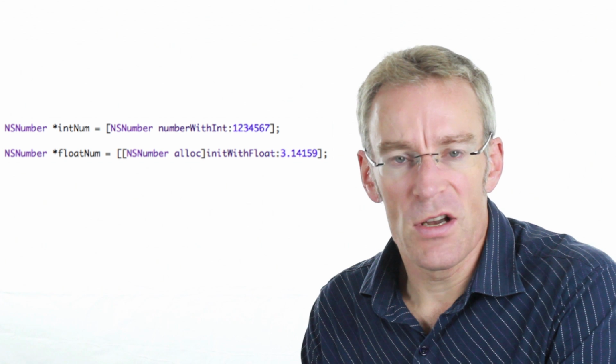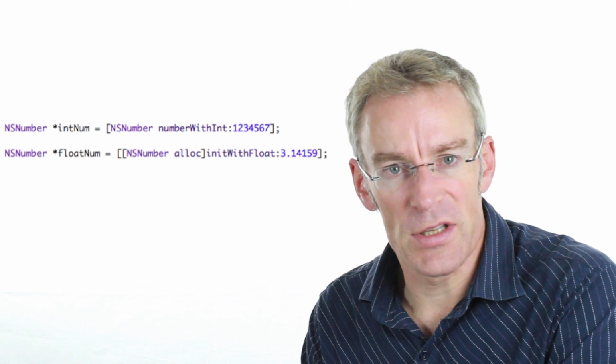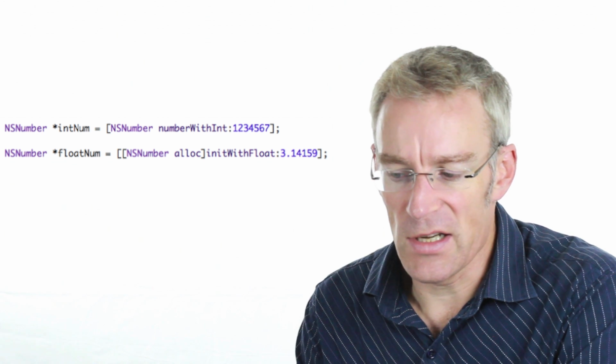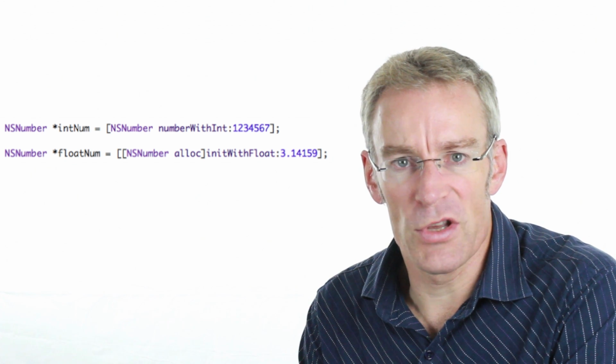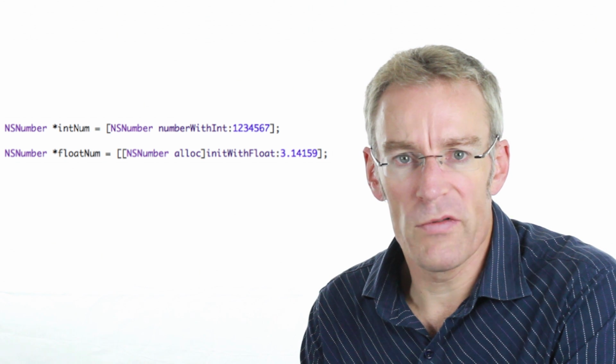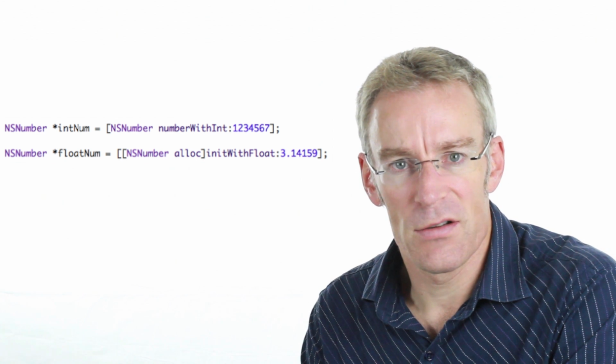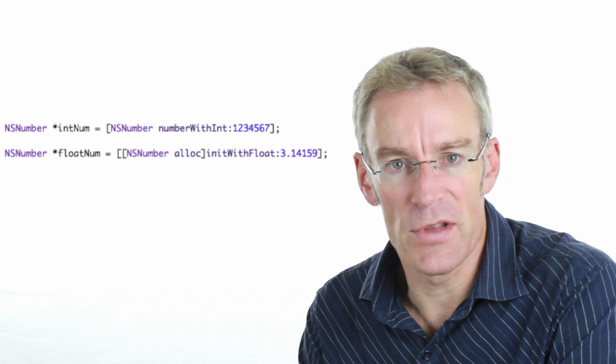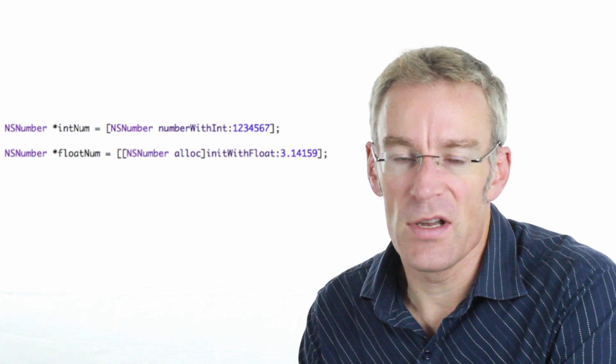So there's two ways we can create an NSNumber object. We can simply call a class method, which basically creates an NSNumber with the correct value in it, or if you really wanted to, you can alloc the NSNumber first if you're more comfortable with that particular way of doing things. Either way is fine.